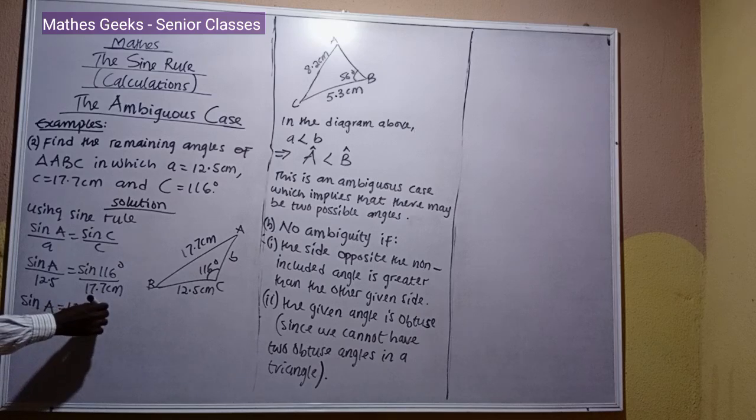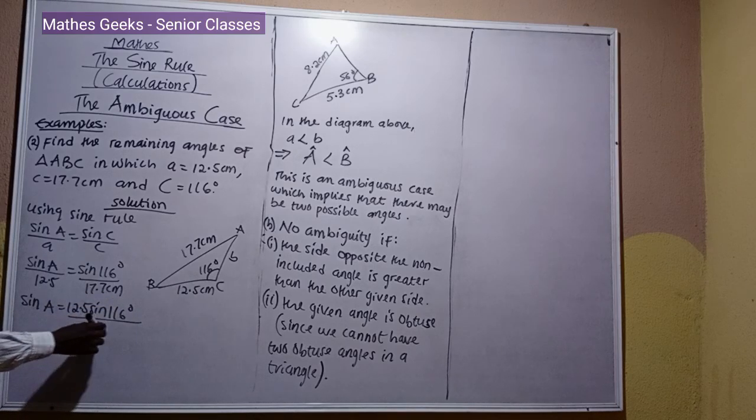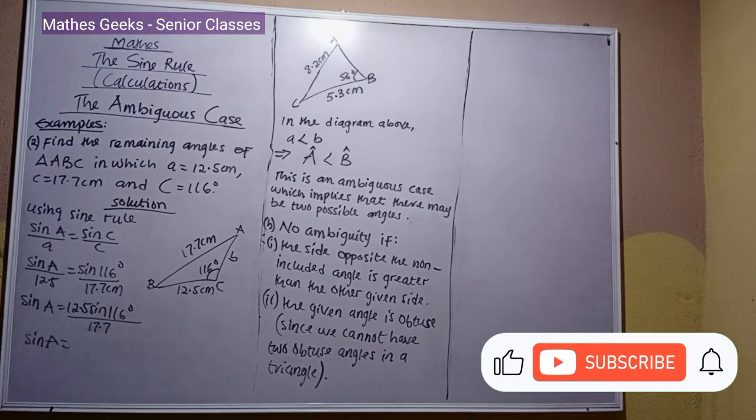So sine A is equal to 12.5 sine 116 degrees over 17.7. So sine A is equal to 12.5 sine 116 divided by 17.7, 0.6347.